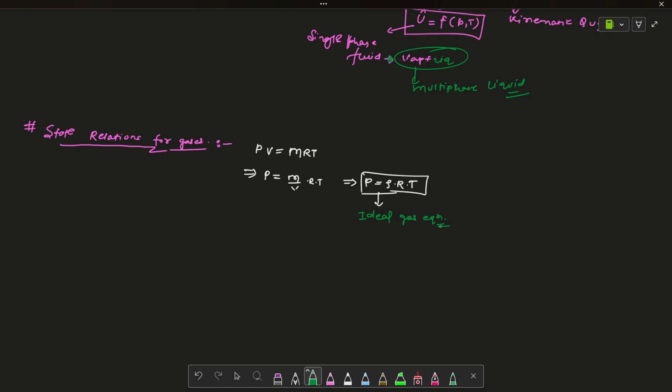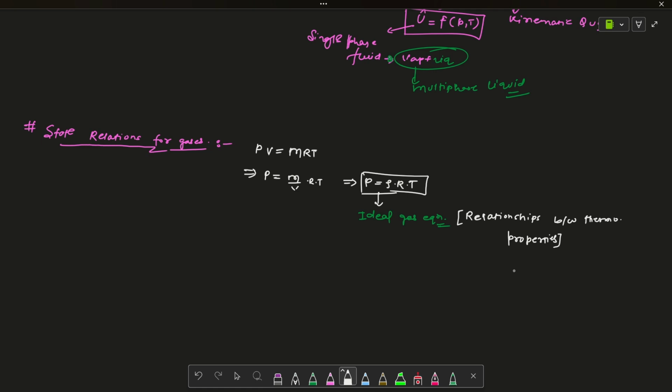Why are we discussing this? For any topic we are studying, we should know why. This provides relationships between thermodynamic properties, and it is only valid for a single phase pure substance.